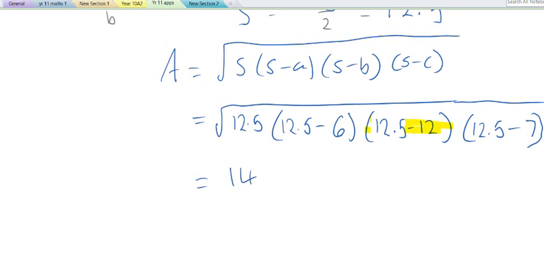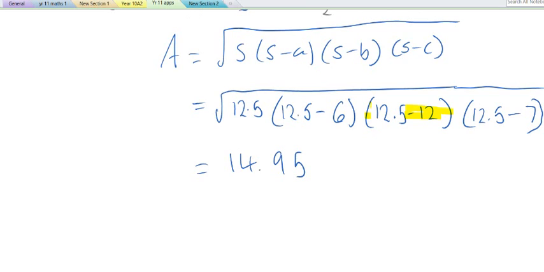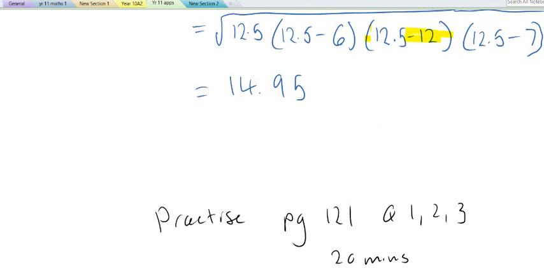Same here. Right. And that's the solution for Heron's. What I'd like you to do now is in the next 20 minutes do those 3 questions, because we actually have a lot more surface area material to get on with this lesson, but those 3 should only take about 20 minutes so we can move on.